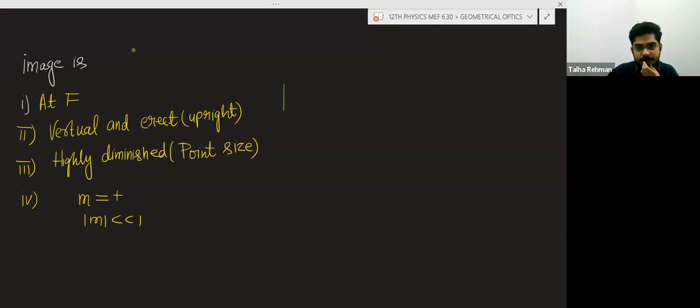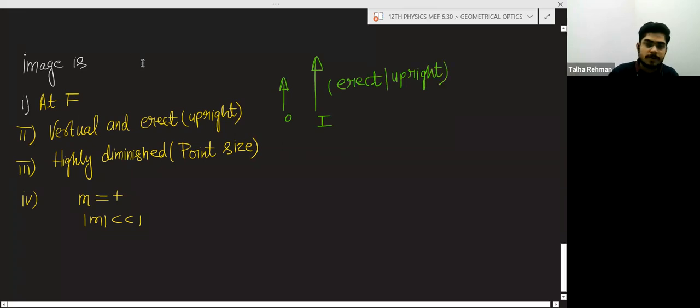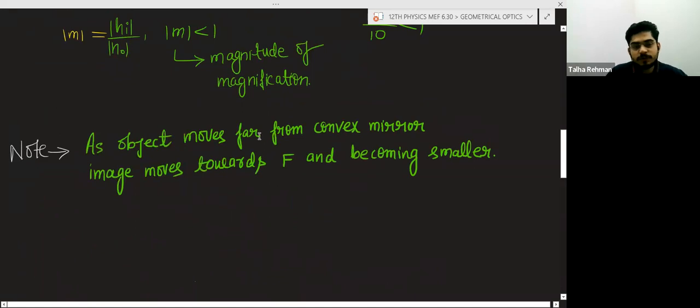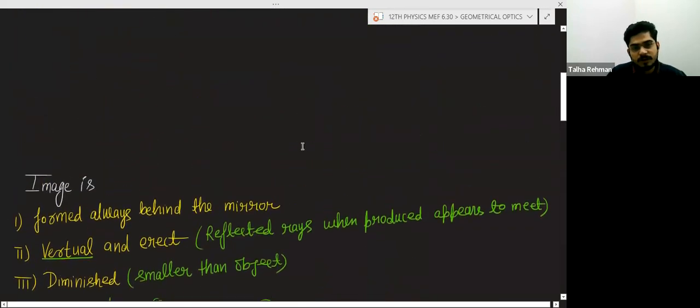Upright means if the object is like this, the image should also be like this. So this is the upright or erect image. This is the point: as the object moves far from the convex mirror, the image moves towards the focus and becomes smaller.